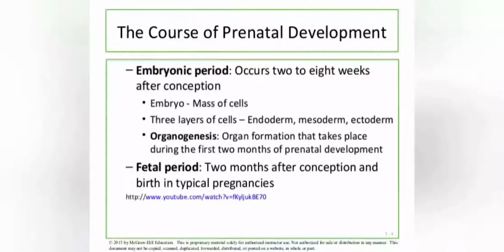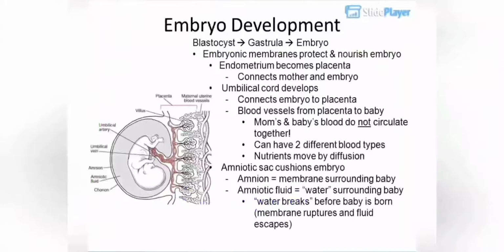Now, the course of prenatal development includes various stages. We have divided them into 2 parts, the embryonic period and the fetal period. In embryonic development, the sequence is blastocyst formation, then gastrula formation, then embryo formation.